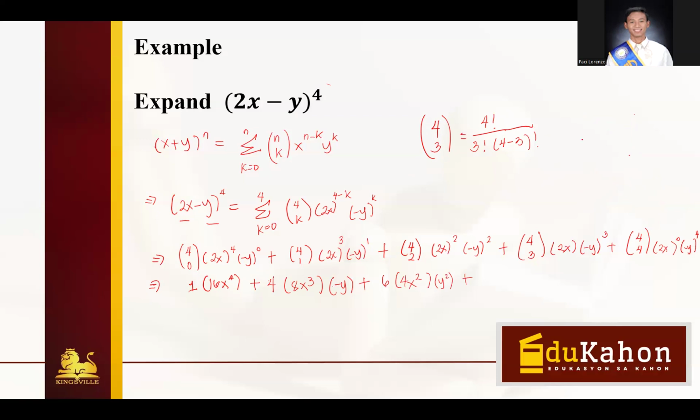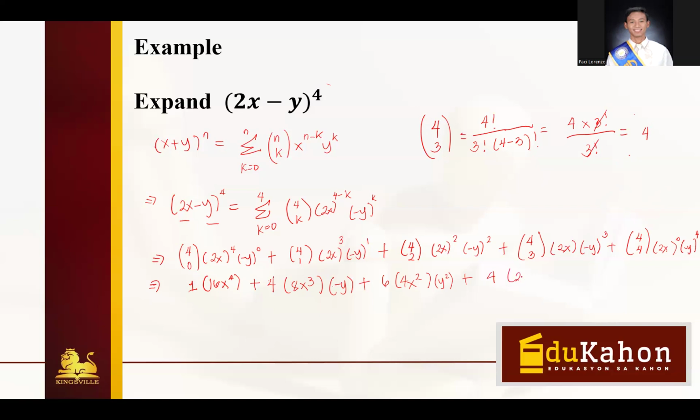So we know that 4 minus 3 is just 1 factorial. So this is equal to 4 times 3 factorial. We don't need to write 1 factorial because that's already 1. So we have here 3 factorial. So we need to cancel 3 factorial because the numerator and denominator are the same. So now this is just equal to 4. So 4 taken 3 is just equal to 4.